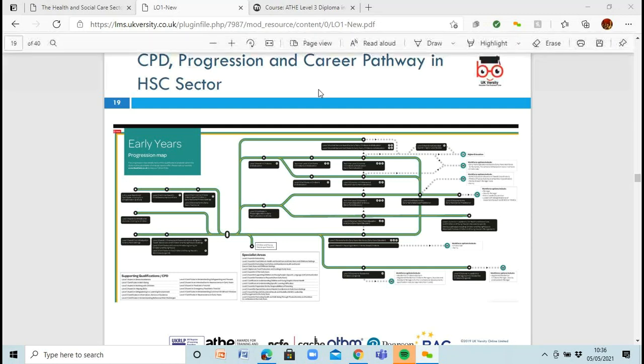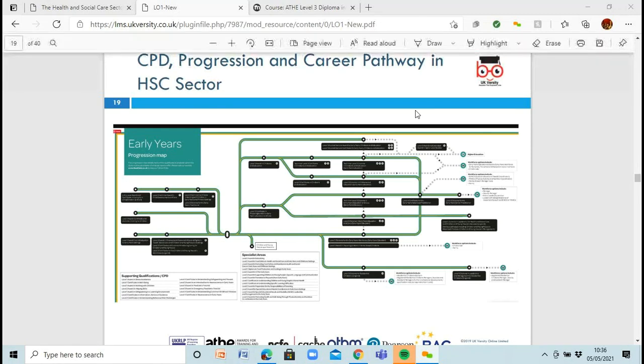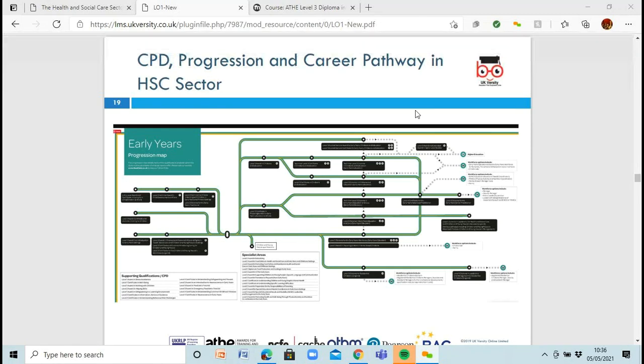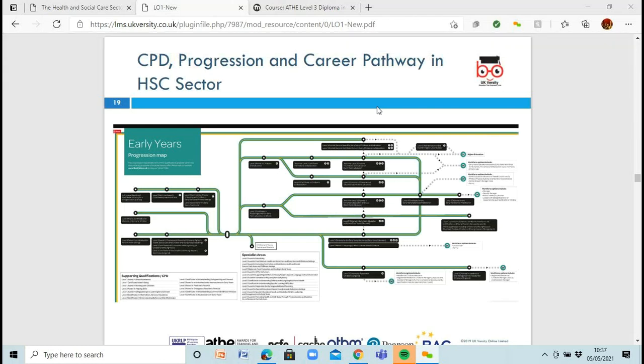Now, this section is the CPD progression and career pathway in the health and social care sector. To give you a pointer, when you go on to answering 1M1, you're going to actually talk about your own pathway. You're going to talk about how you are progressing. So I'm not thinking about what people do in general.